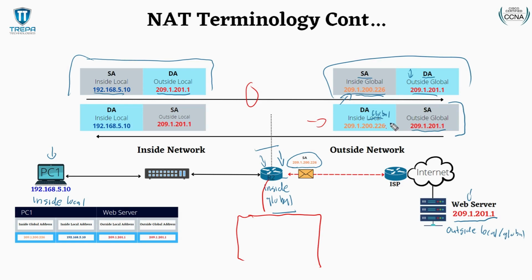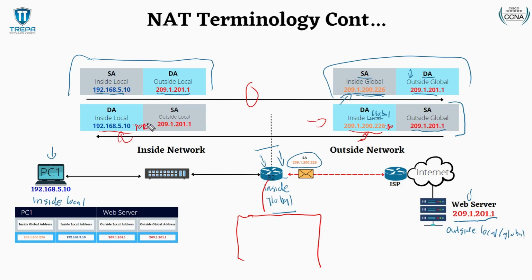There are two possibilities: either a static NAT translation, where this IP address and this IP address match each other, meaning when you're sending to this one you always go to that one, or, if we're using PAT, port address translation, there's a unique ephemeral port that matches that inside local address.